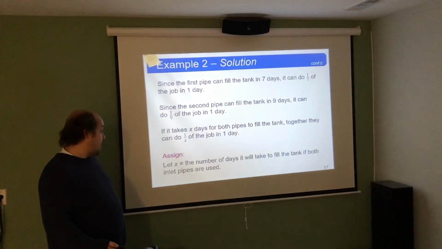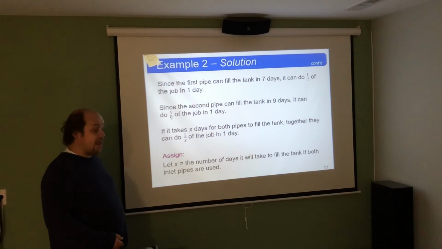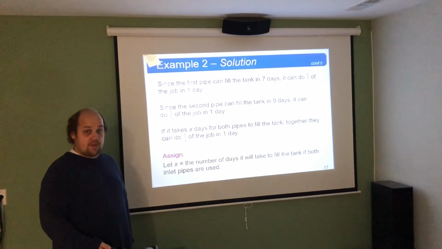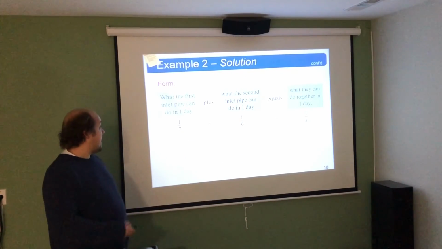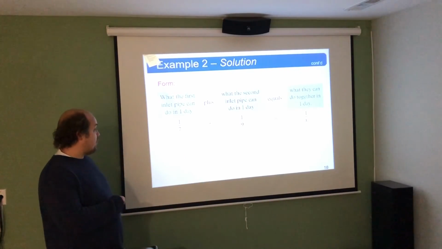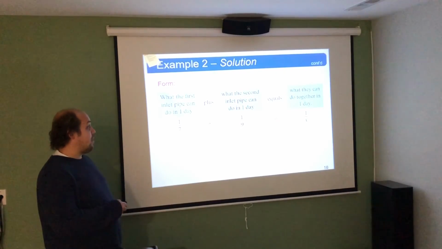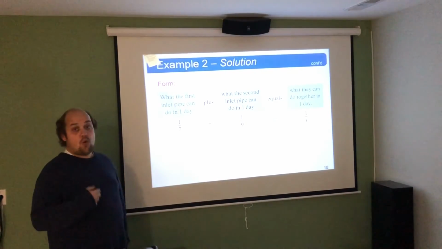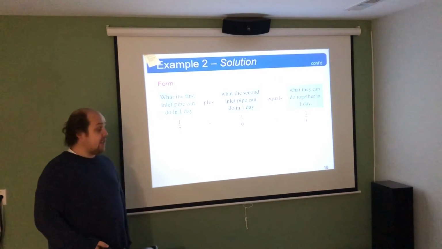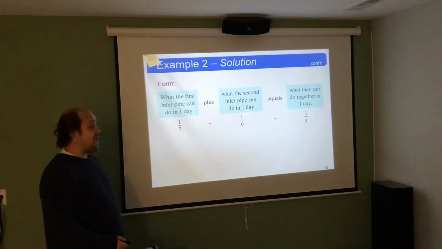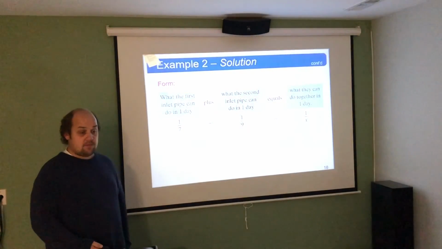That yields the equation where we're trying to solve for x, the number of days it takes for both of them to fill the tank if they're working together, by saying what the first pipe can do in a day, 1/7, plus what the second pipe can do in a day, 1/9, equals what they can do in 1 day together, 1/x, or what portion of the job. If we then solve for x, it tells me how many total days it will take them.